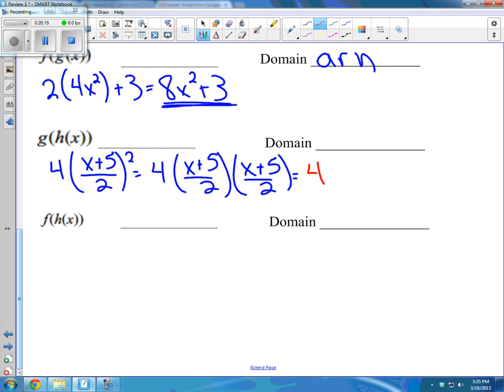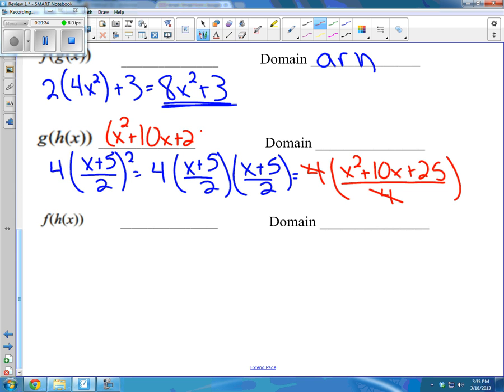So here's the 4 coming along. The numerator multiplies into x squared plus 10x plus 25, and my denominator turns into 4. And then those 4's will cancel out and give me x squared plus 10x plus 25. Issues with the domain? Nope. So all real numbers.